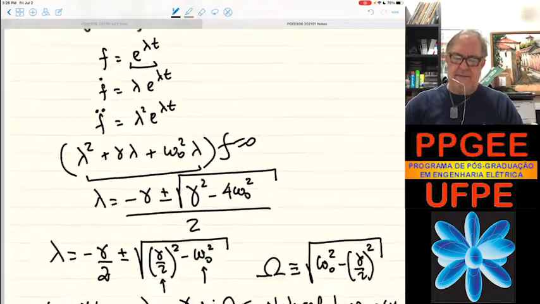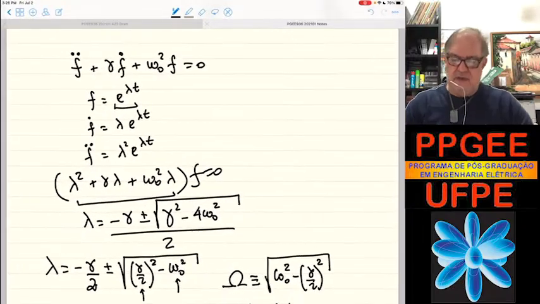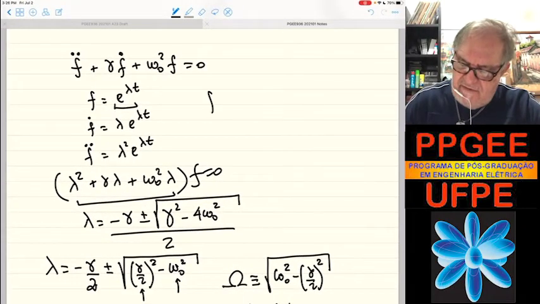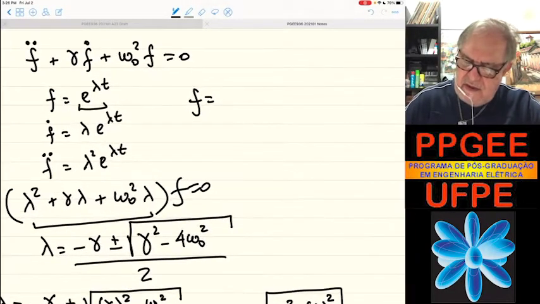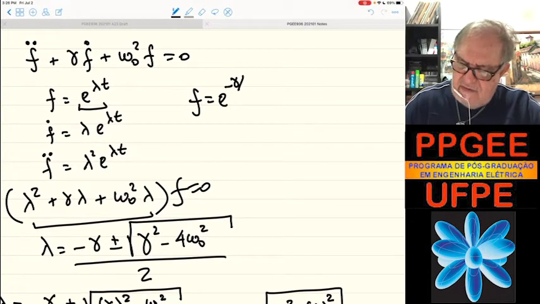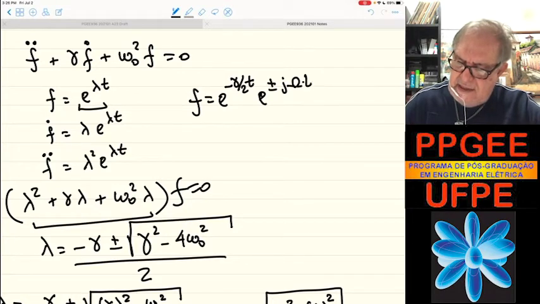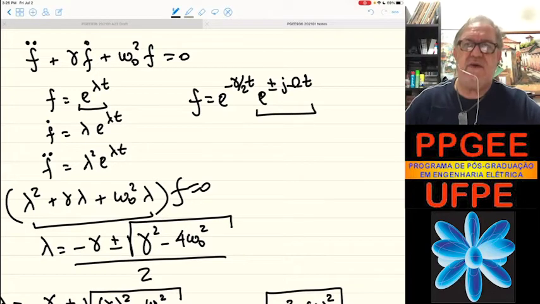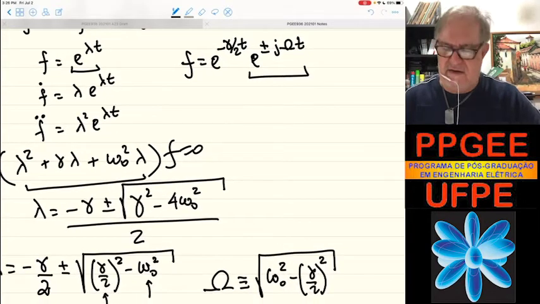But what happens here? The solution is of the form f equals the exponential of minus gamma over 2 times t, times the exponential of plus or minus j omega t, and we can combine those to generate sine and cosine functions.